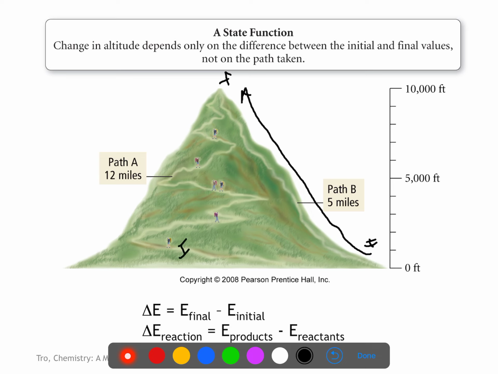Even if you took path A, which gives you a longer zigzaggy version to get there, obviously path A has a lot more miles, so it's going to take a lot longer to get there, but it doesn't matter because eventually you had an initial and you had a final. So a state function depends only on its final and initial conditions. It doesn't matter if you took the longer way or the shorter way. It's not path dependent.